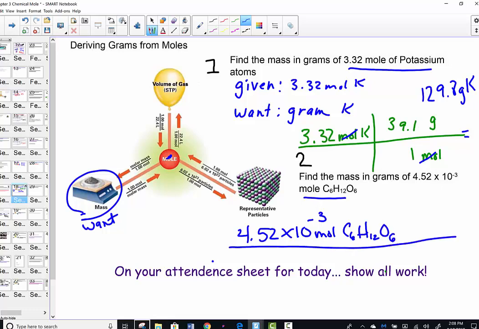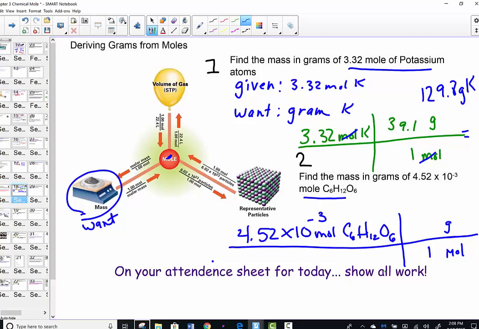I can set up a conversion factor that will cancel the word mole and bring me to the gram. What is the mass of 1 mole of glucose? That was the fundamental skill we were just practicing. So to travel the mole map, I have to know to add 6 carbons, 12 H's, and 6 O's. I don't need to show that work on a piece of paper. I just do that on my calculator.